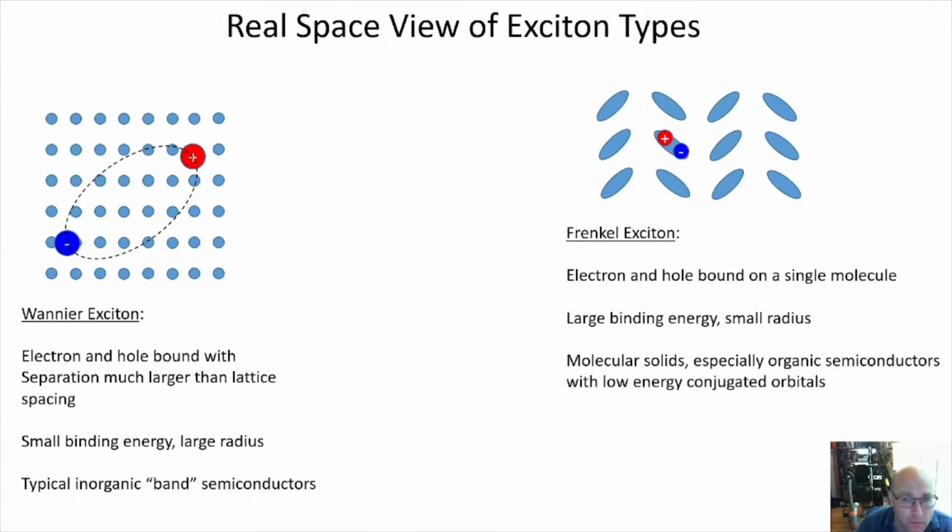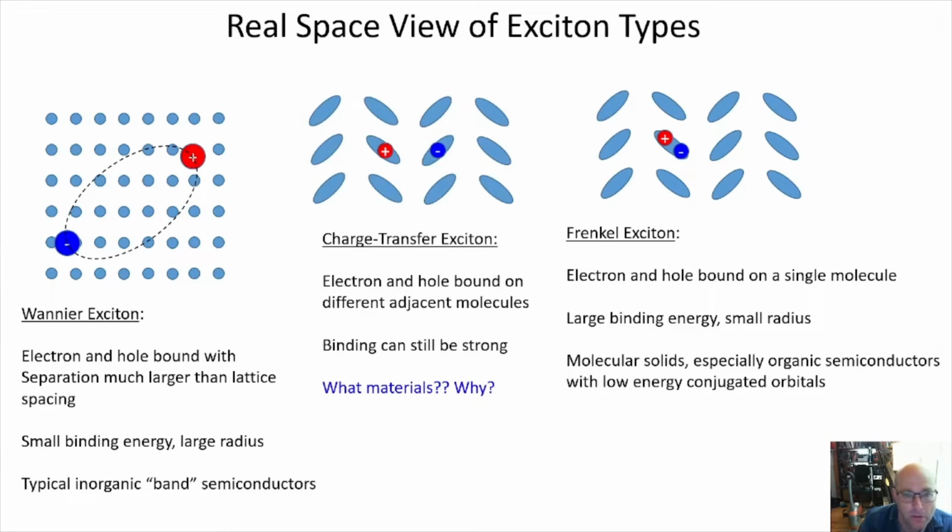And so what we want to do in this lesson is think about the intermediate case where you still have a small size, but you're not on a single molecule. And this is the case of a charge transfer exciton, where we imagine a similar organic molecular solid as we had for the Frenkel exciton, but now we allow the electron and hole to separate from one another and live on adjacent molecules.